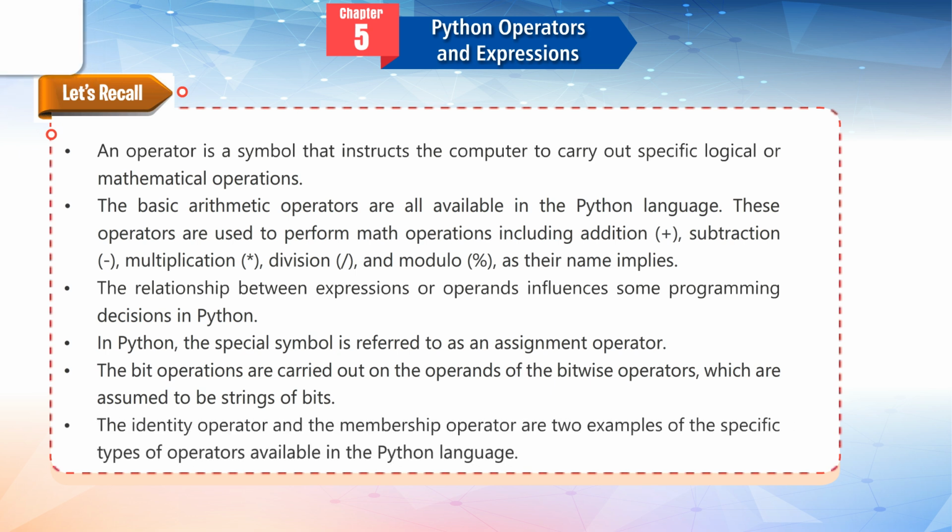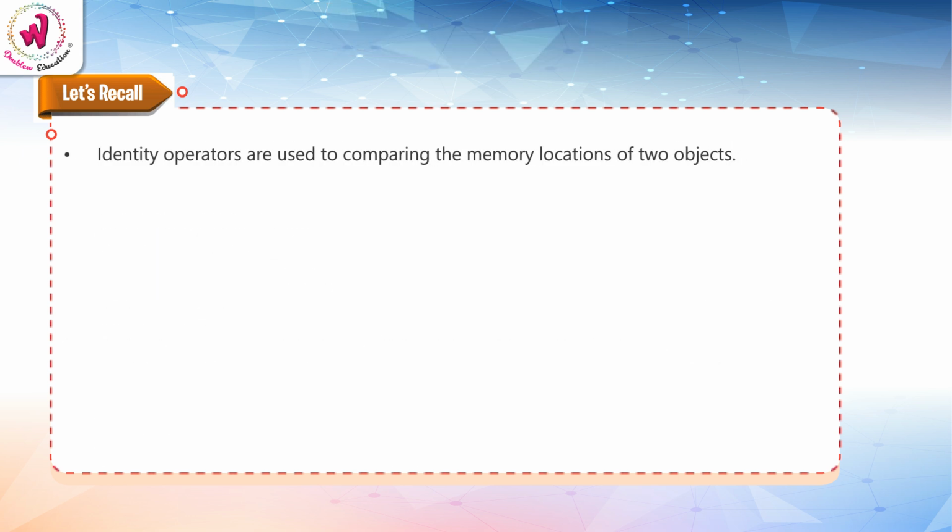The identity operator and the membership operator are two examples of the specific types of operators available in the Python language. Identity operators are used to compare the memory locations of two objects. Python membership operators check a sequence's membership.